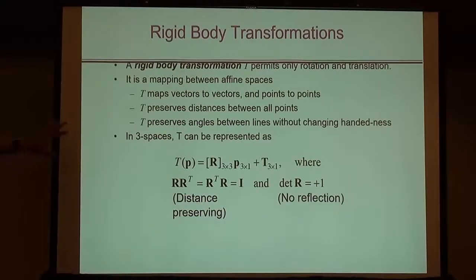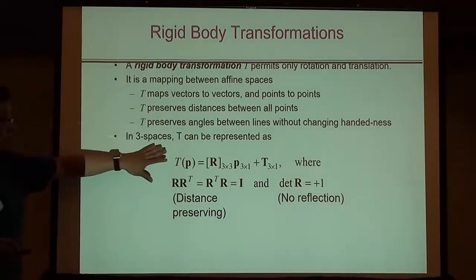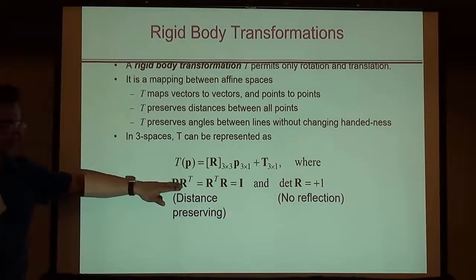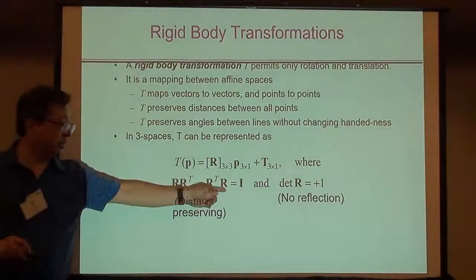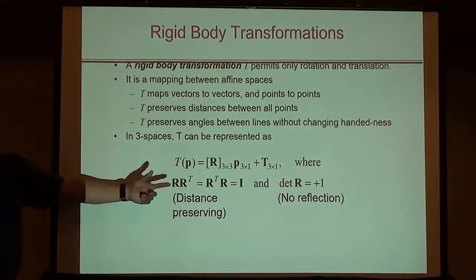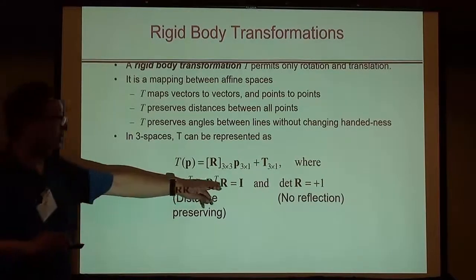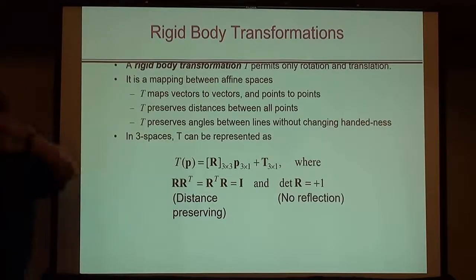Here's a summary of rigid body transformation, and this is well known. You have a rotation matrix, and this is the constraint: R transpose times R equals I, the identity, and we can define the inverse for that as well. Here we require the determinant to be positive to make sure that it's not a reflection.